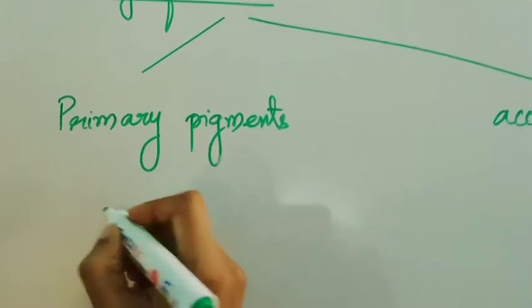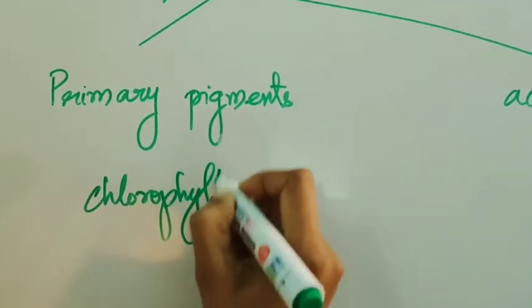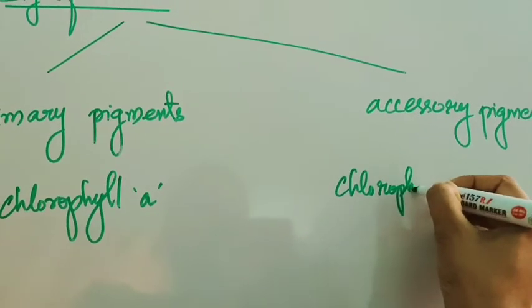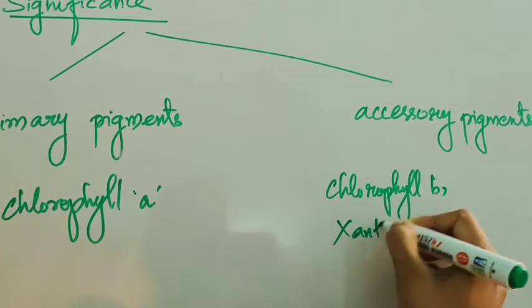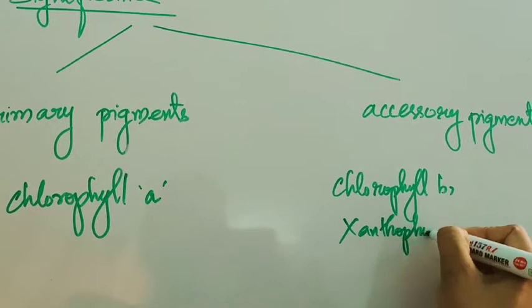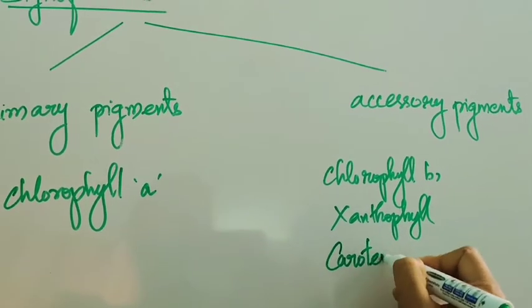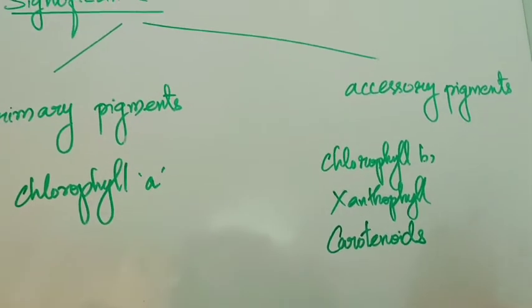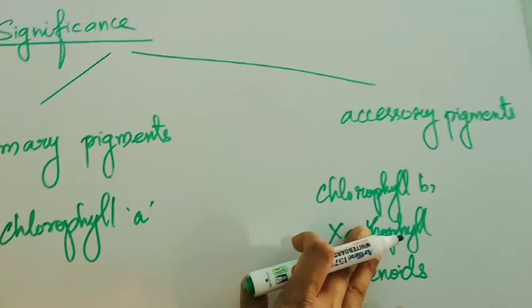A primary pigment example is chlorophyll A, and accessory pigments are chlorophyll B, xanthophyll and carotenoids. Okay, so primary pigments and accessory pigments.